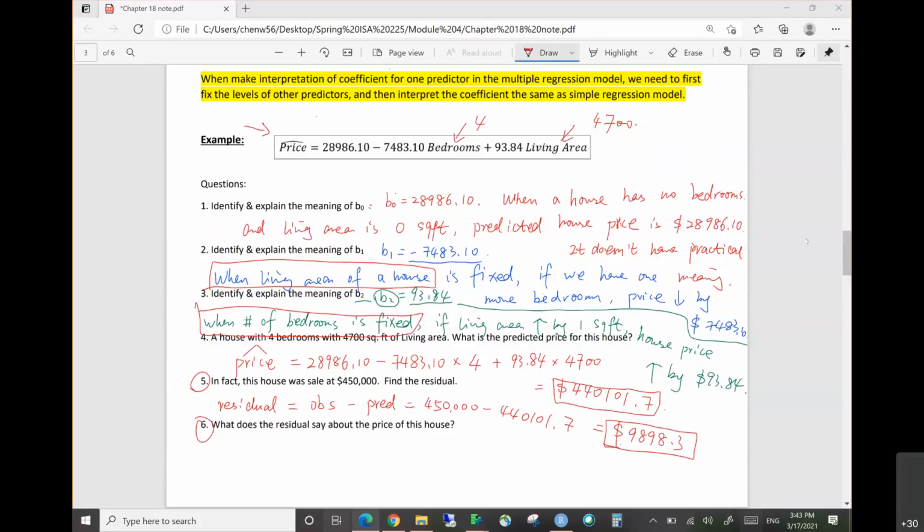So that means for the house buyer, it is a bad deal, because the house buyer paid much more, about $10,000 more than what we expect. But of course, for the seller, it's good news, so they earned a lot more than expected.